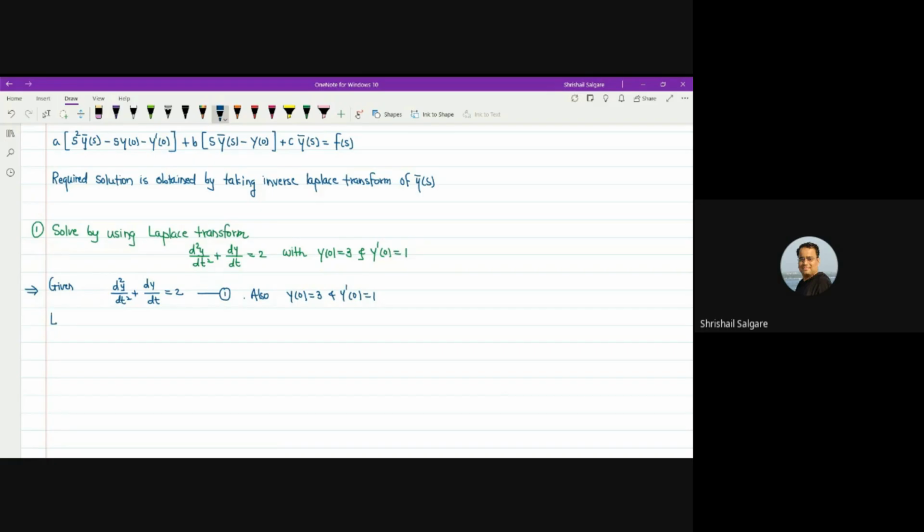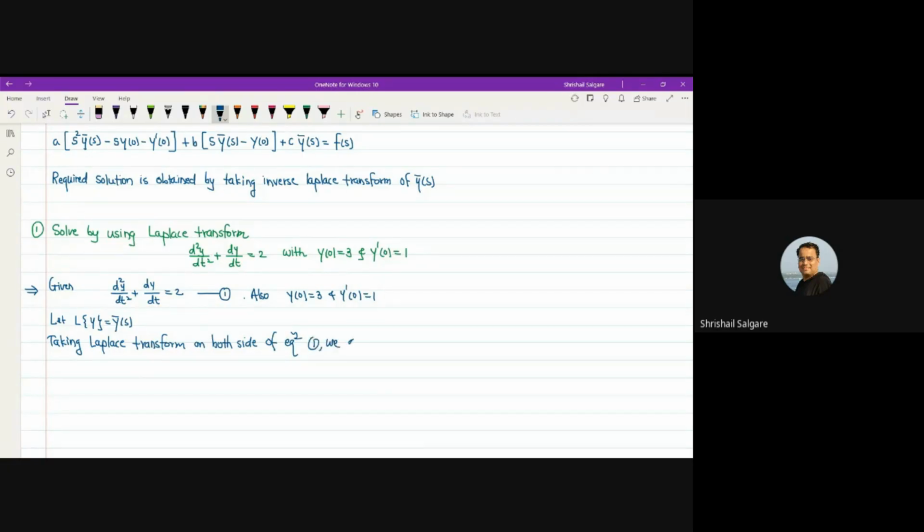So let Laplace transform of y we are denoting as y bar of s or y bar. Therefore, taking Laplace transform on both sides of equation 1.